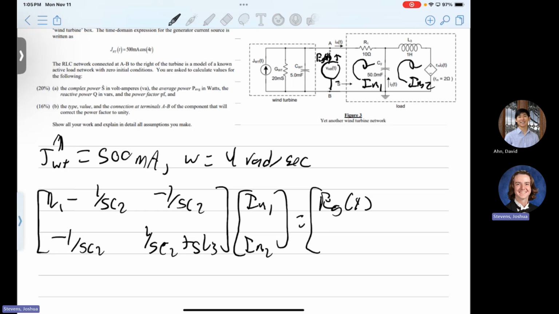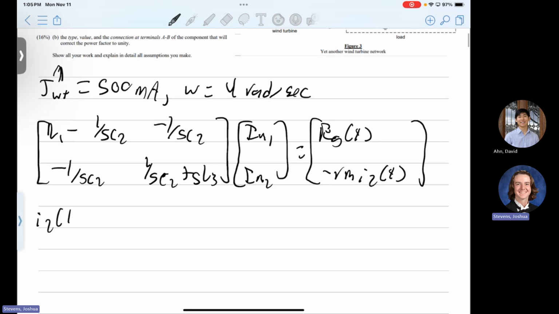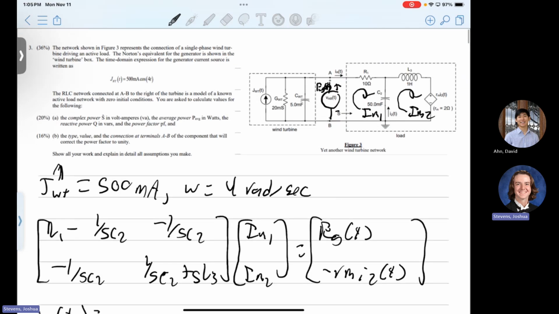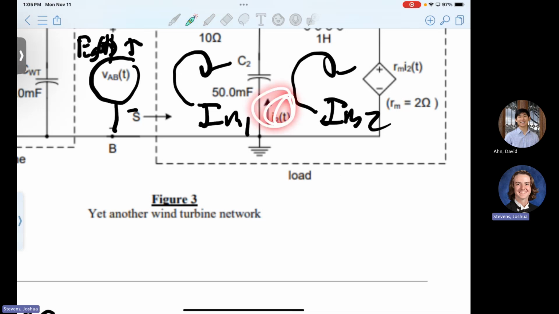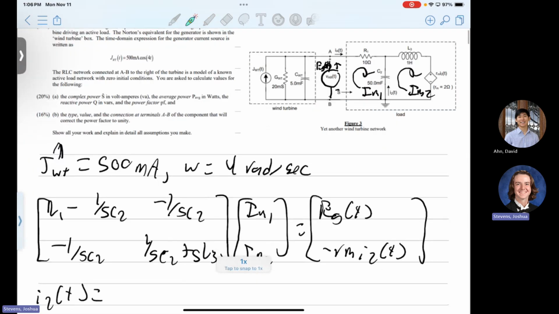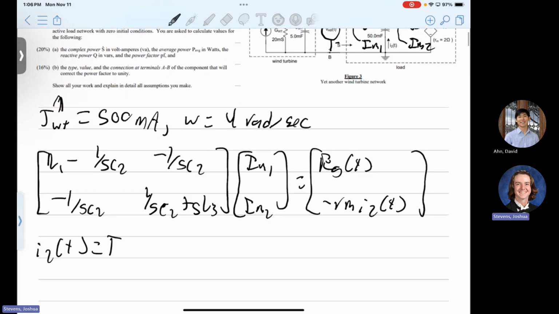So this one here, someone said it, just negative R_m I2 of t. But I agree with you there. We'll get there shortly. So I2 of t, no, it's all good. I2 of t, based on this and the polarity of my arrows, is what? I agree.